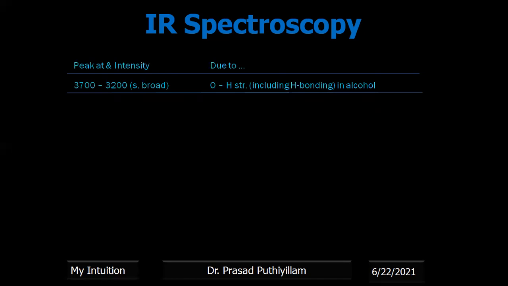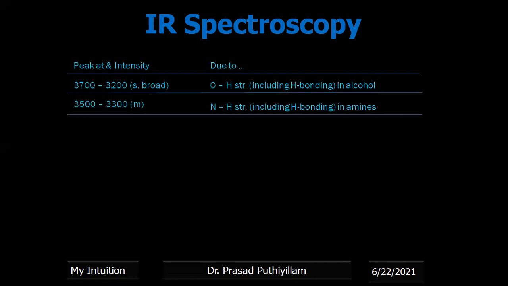It includes even hydrogen bonding. So if a broad and strong peak is observed in this region, first we can say that it may be alcohol, or it contains an OH functional group. If the peak is around 3500 to 3300 and a medium peak is obtained, that is due to NH stretching, including hydrogen bonding, and we can say that they are amines.